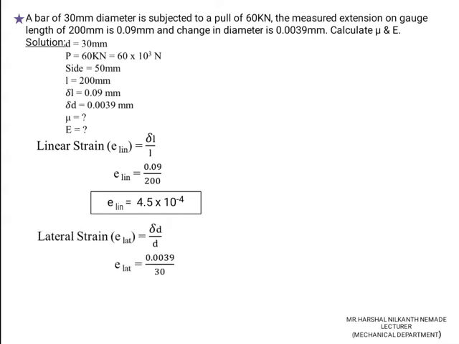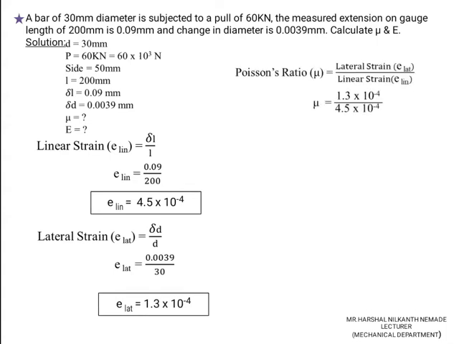After that, lateral strain E lat is equal to delta D upon D, which is 0.0039 divided by 30. E lat I will get as 1.3 multiplied by 10 raised to minus 4. Poisson's ratio mu is equal to E lat upon E lin, so 1.3 multiplied by 10 raised to minus 4 divided by 4.5 multiplied by 10 raised to minus 4. Mu is equal to 0.28.